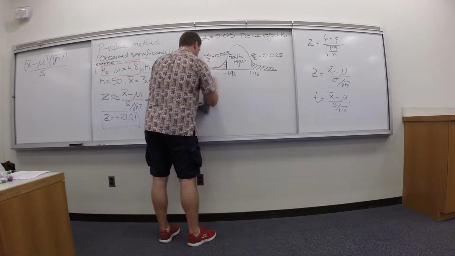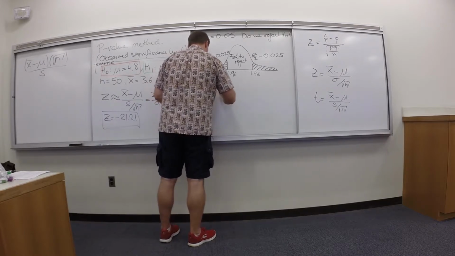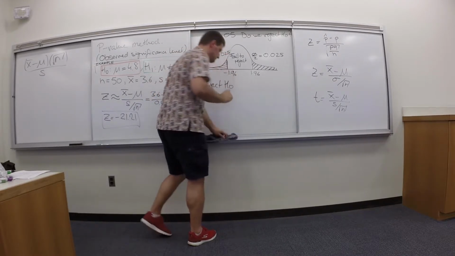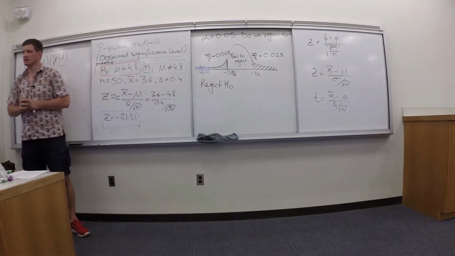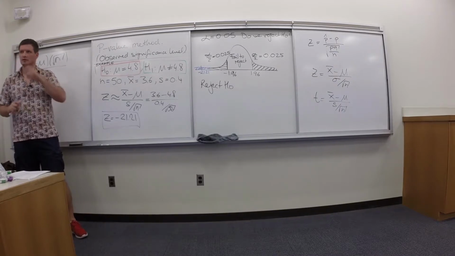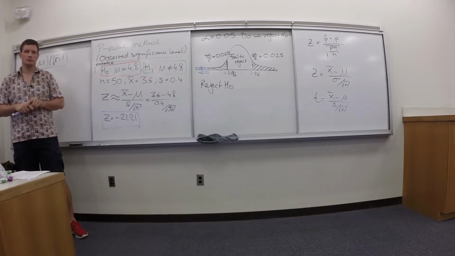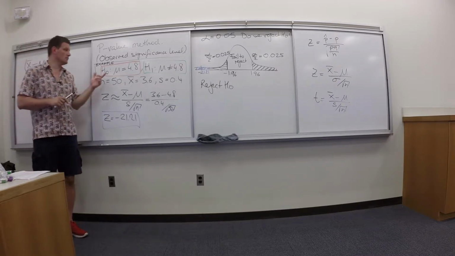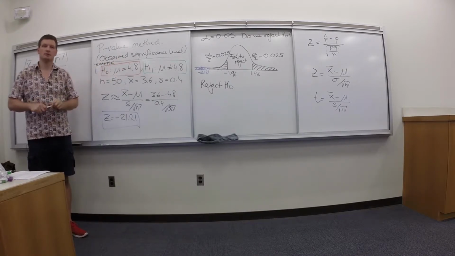The last step would be to actually write it in a sentence, but because we don't start with a sentence, we don't have a sentence to write. So we reject H sub 0. But do we say we don't have enough evidence, or do we have evidence? The problem is you don't have a statement. You don't know which one is the claim and which one is the opposite.